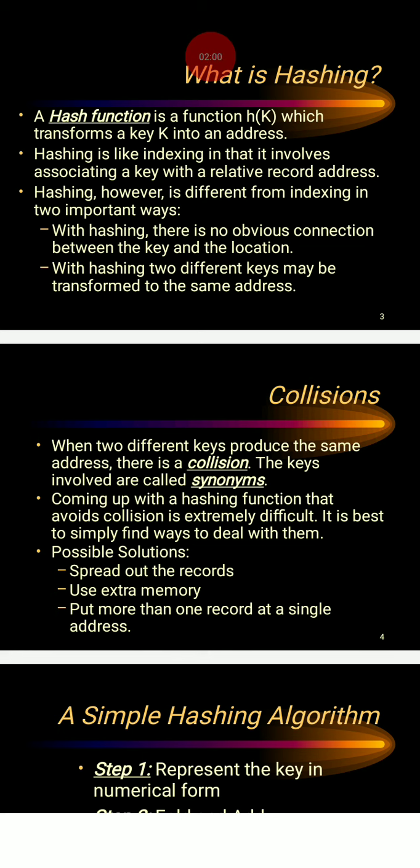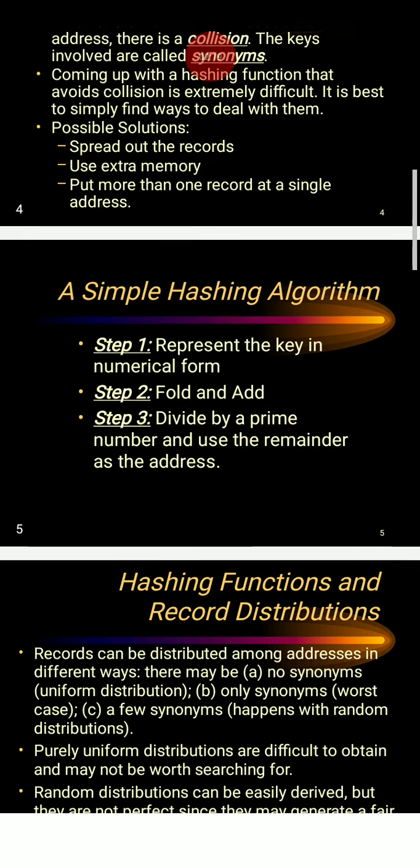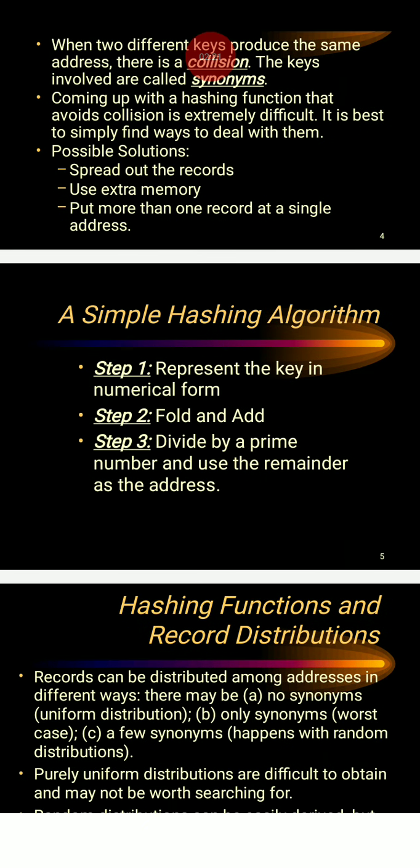Second, we use extra memory, so that we can store the records generating the same addresses at other addresses. And third, instead of storing one record at a single address, we can store multiple records. That concept we use is called buckets. So these are three ways we can reduce the collision.